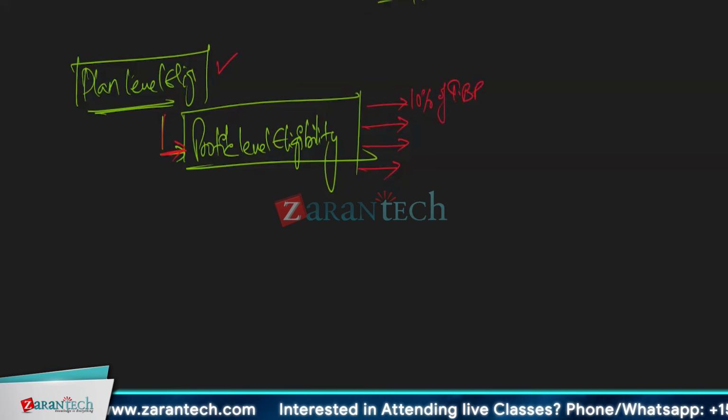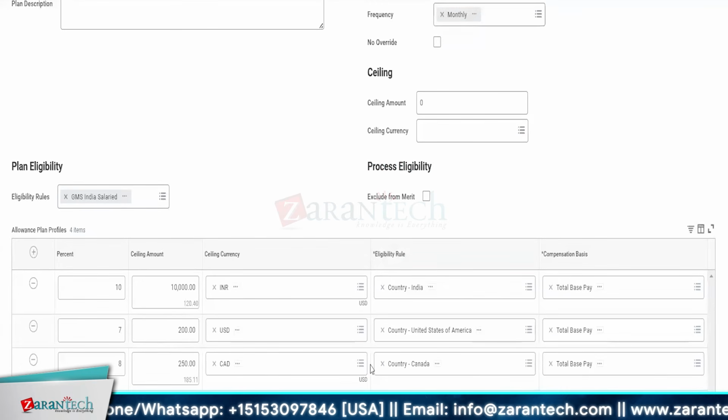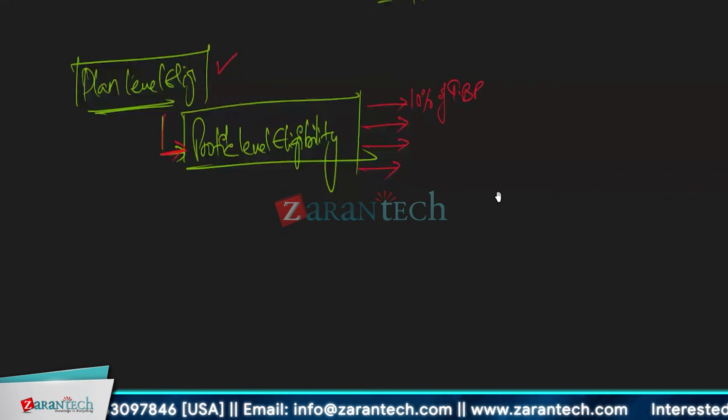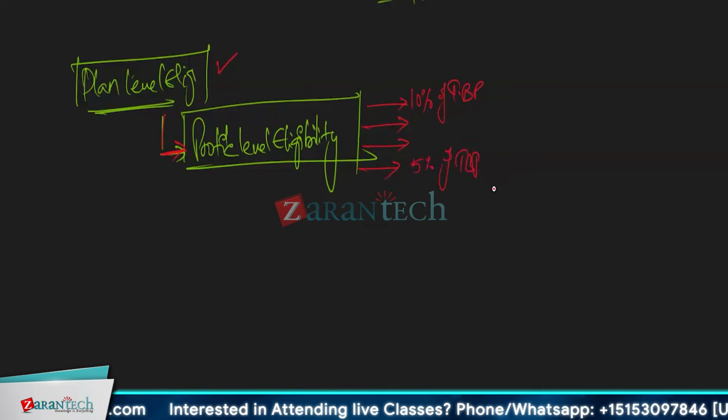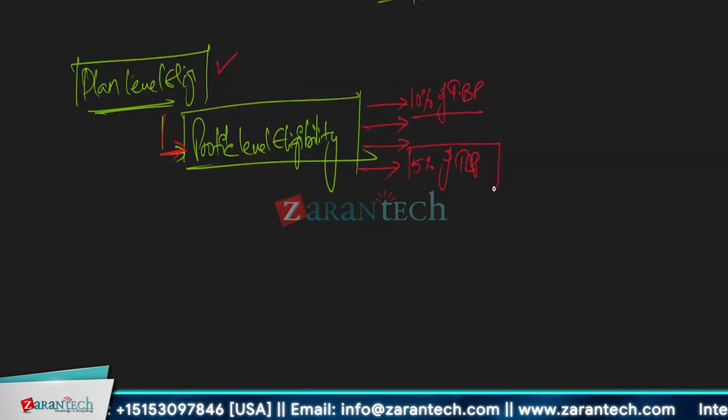However, if the employee is from, let's say, Spain, it is going to say how much have you defined for Spain. We have defined 5%. So if the employee is from Spain, it is going to say, all right, we are going to say 5% of total base pay. So this way, Workday is going to specifically select the profile based on the eligibility rules that you have configured in Workday.